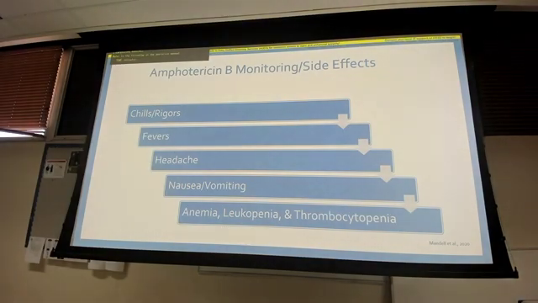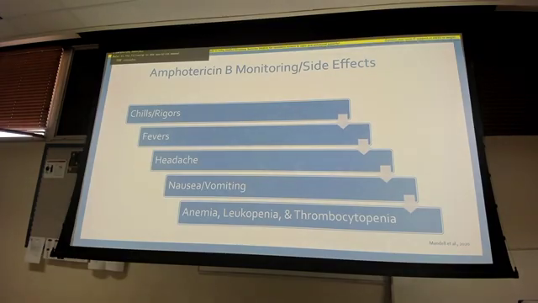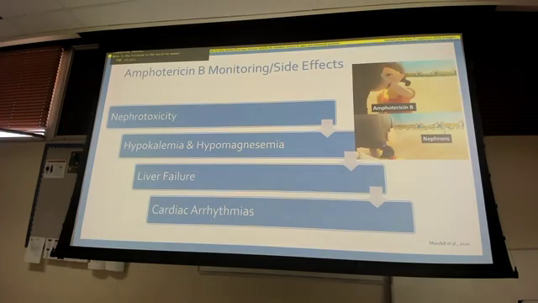Again, other things: fevers, chills, rigors, headache, nausea, vomiting, and then looking at your CBC with your white count and platelets and things like that. And the cardiac arrhythmias is more so for the conventional dosing, but you don't have to know that one.